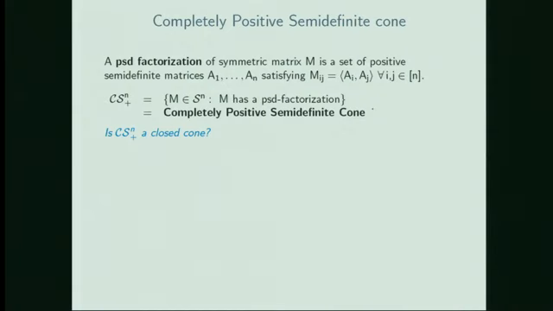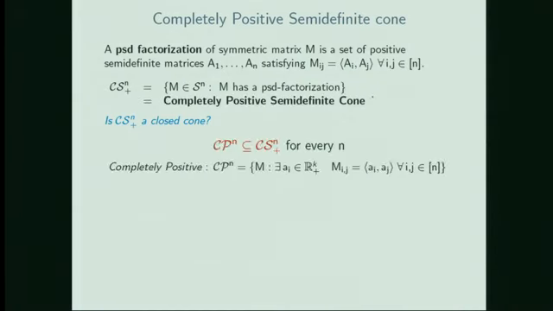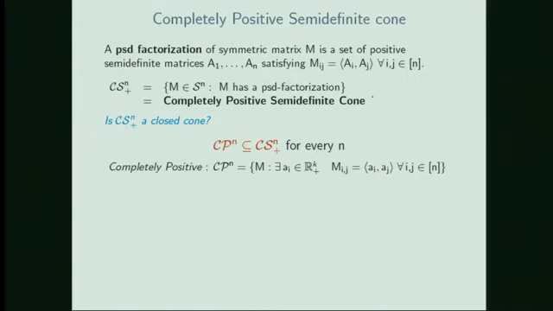A couple of easy observations you can make about this cone is that the completely positive cone that we heard of yesterday is contained in the completely positive semi-definite one. Why? One definition of completely positive is a matrix M for which there exist non-negative vectors such that the ij entry of M is the inner product between these non-negative vectors.